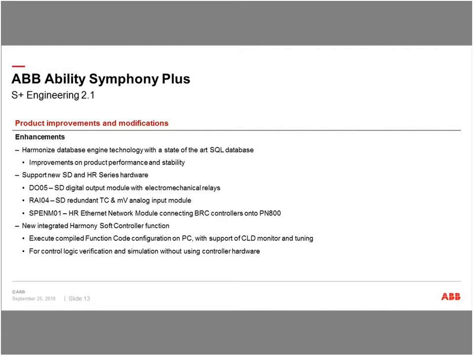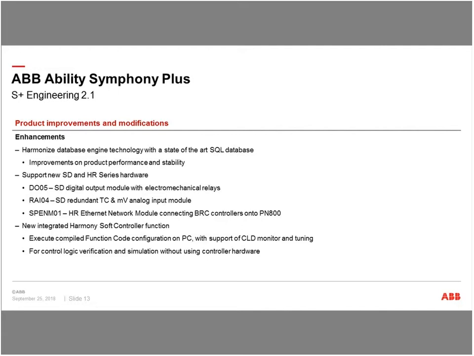And then at the same time, when we released Engineering 2.1, we also released a couple of new hardware, and engineering, of course, starts to support this new hardware. And then there's another brand new function we added into this version, which we call the Harmony Soft Controller.